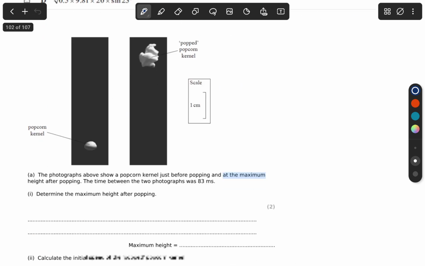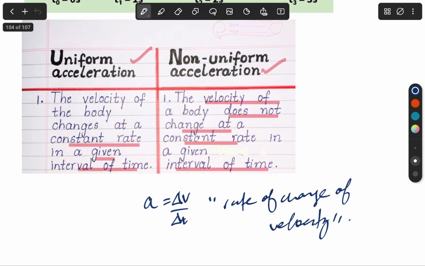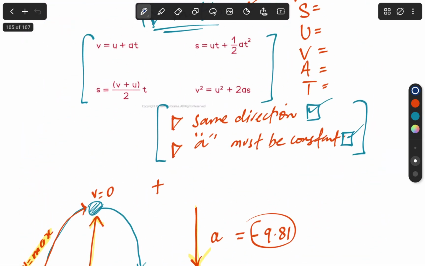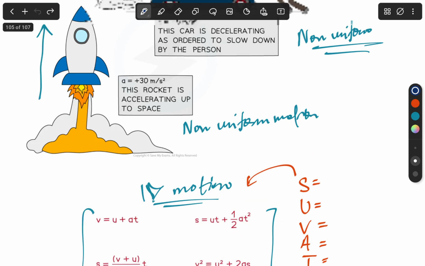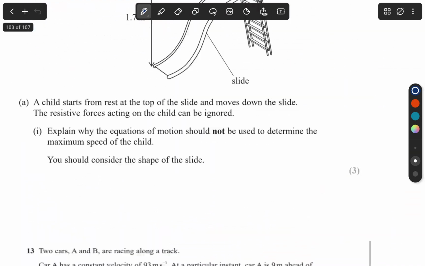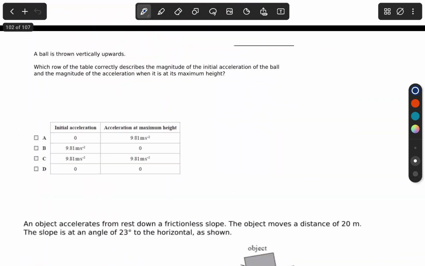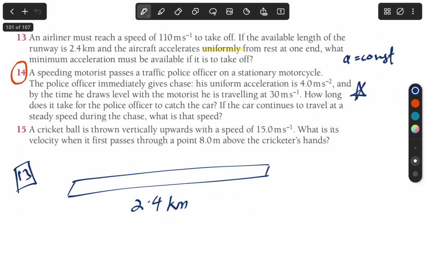You put a as 0 in all of these equations. If acceleration is not constant, then your a will change, so all your equations will deteriorate. Don't put a as 0, because then you would have to differentiate to find the acceleration, and that's outside the scope of the specification.